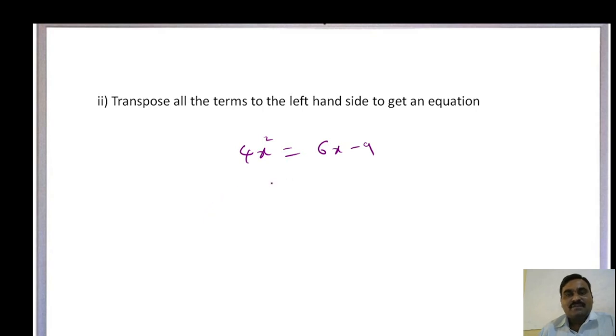The terms on the right side have to be shifted immediately to the left side to get the general form of a quadratic equation: 4x square minus 6x plus 9 is equal to 0. If any terms are on the right side, they have to be shifted to the left side immediately. This is the second rule.